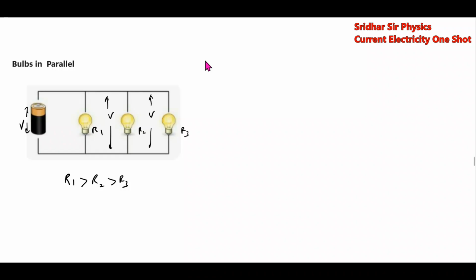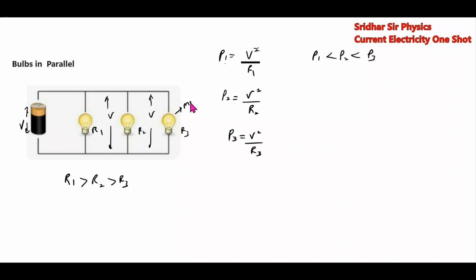Then the power dissipation P1 equal to V square by R1, same drop, no? So R1 greater than R2. So P1 less than P2 less than P3. More brighter.